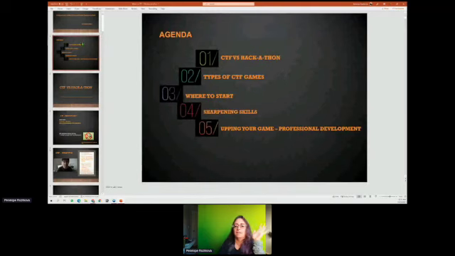So today we're going to define what capture the flag is, and then I'll go over the different types there are. Then we will do where to start. At the end, when we're doing our hands-on part, we're going to use CTF Learn.